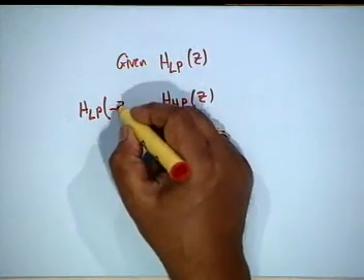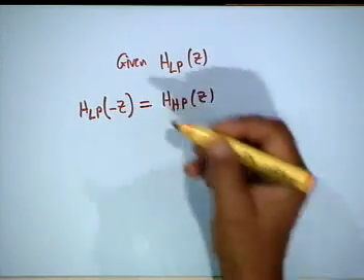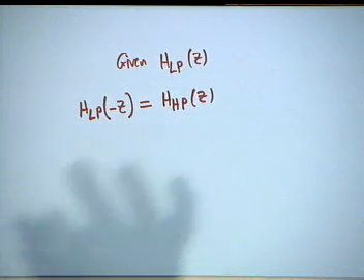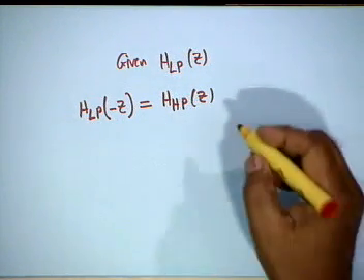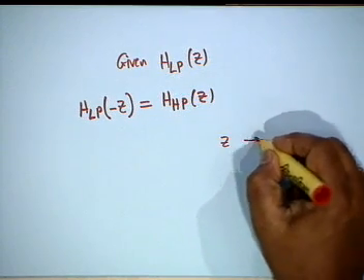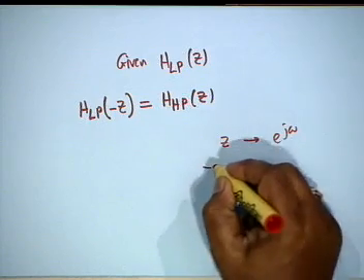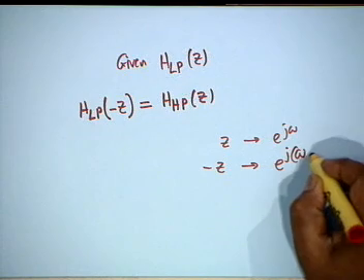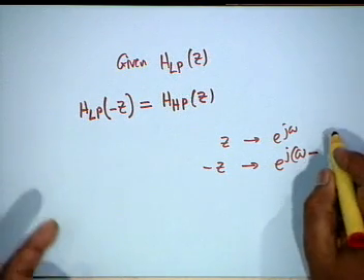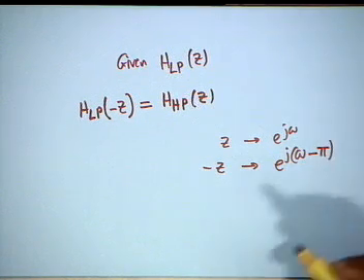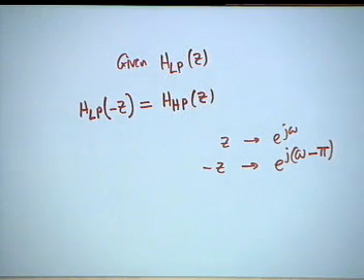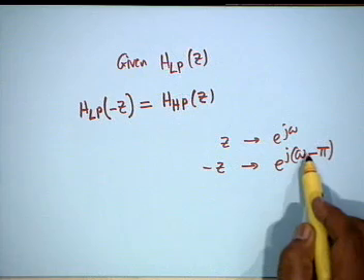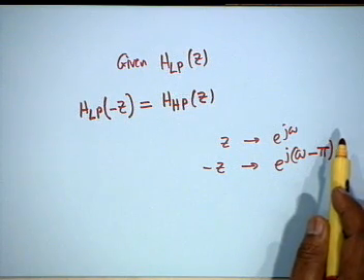It will become a high pass filter. And the logic is not difficult to find. You see, z corresponds to e to the j omega, minus z corresponds to e to the power j omega minus or plus pi. Let us write omega minus pi, which means that whatever occurs at omega shall now occur at omega equal to pi.